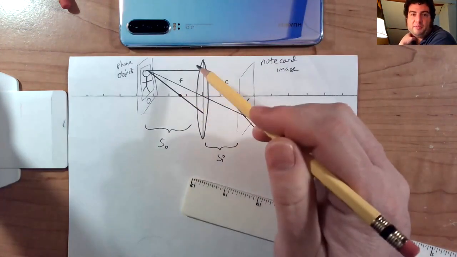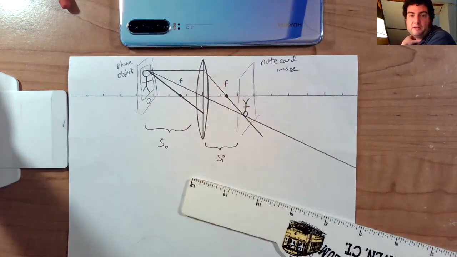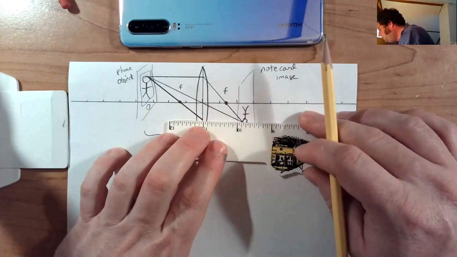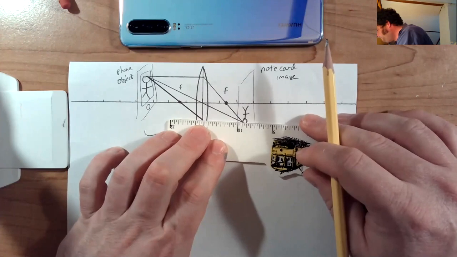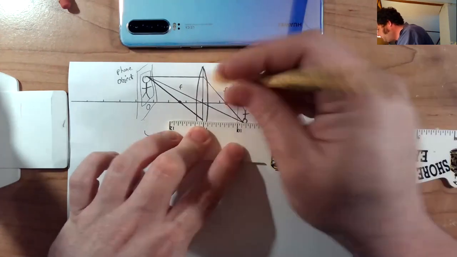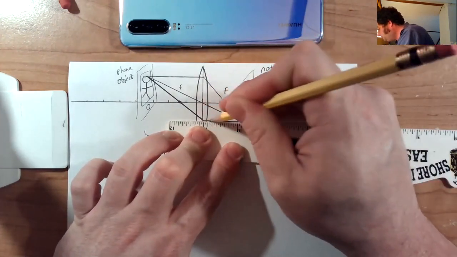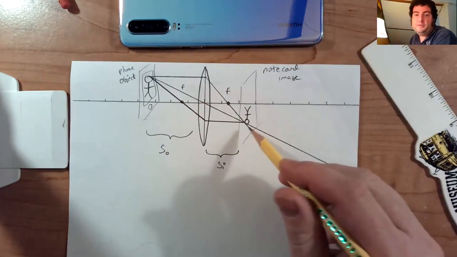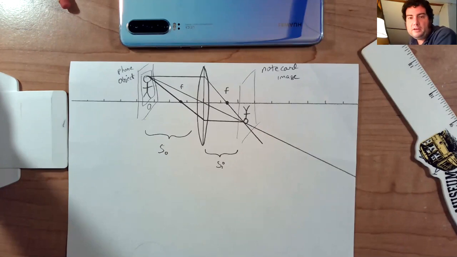This is kind of the opposite of the parallel ray. And the lens bends this one parallel. And as you can see, it converges right there on the image like we'd expect.